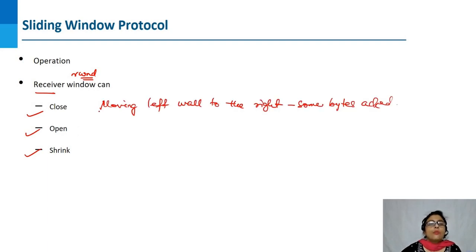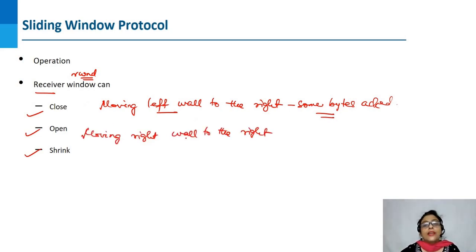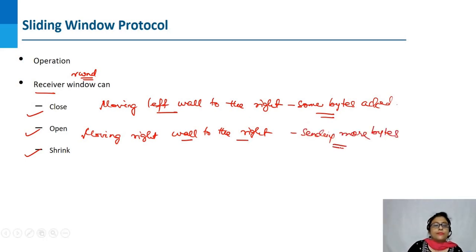Close means moving the window's left wall to the right. If this happens, then some of the bytes can be acknowledged. For the open case, it means moving the right wall to the right, and this helps in sending more bytes.